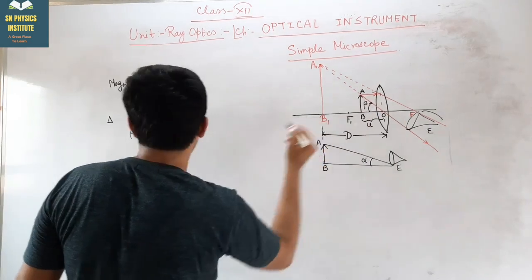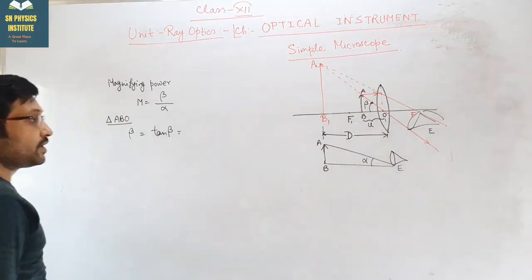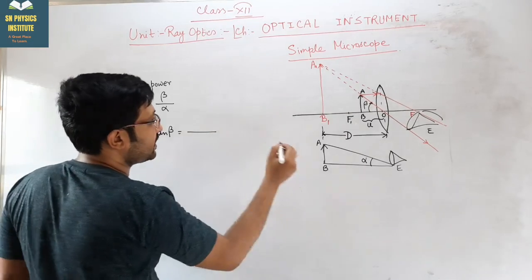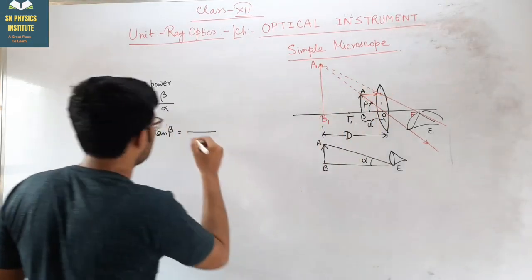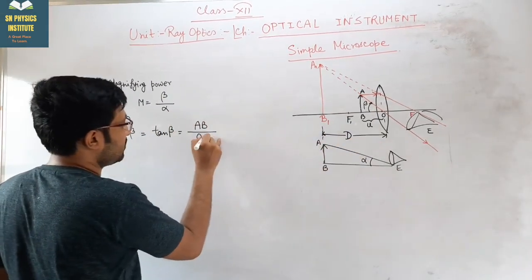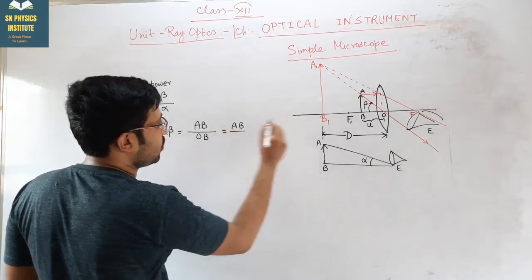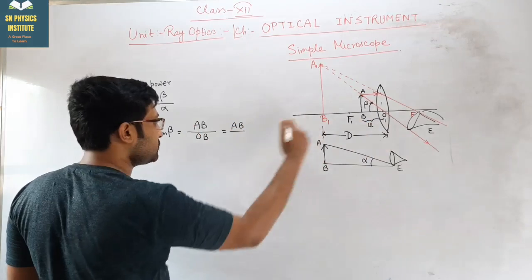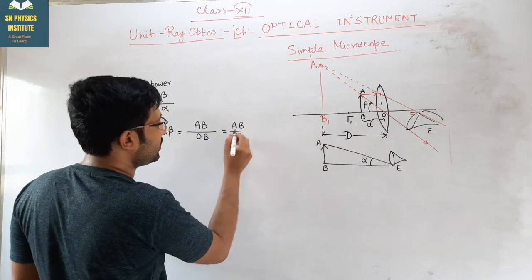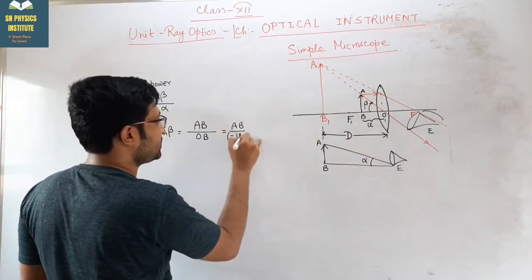If you see the triangle ABO, from here you are getting tan beta, which is equal to perpendicular AB by OB, right? OB is your object distance, and object distance is equal to U, and U will be negative, because the incident ray is in this direction, so you are measuring here, this is negative.